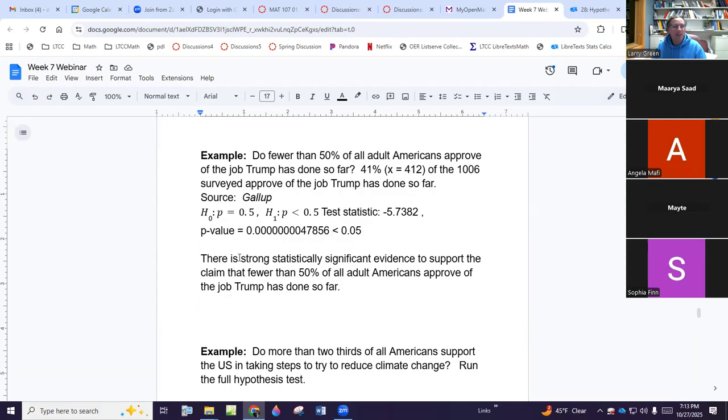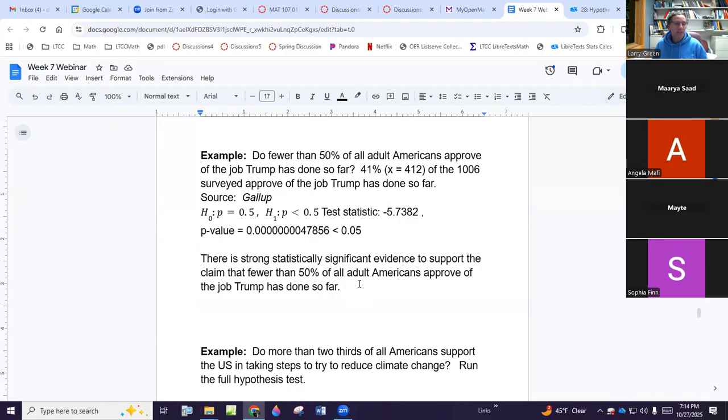And when it's very much less than, you can use the word strong. If it was, say, 0.04, you would say there is statistically significant evidence, but you wouldn't say strong. So strong means less than 0.01. So there is strong statistically significant evidence to support the claim that fewer than 50% of all adult Americans approve of the job Trump has done so far.